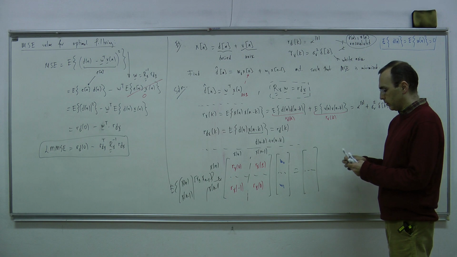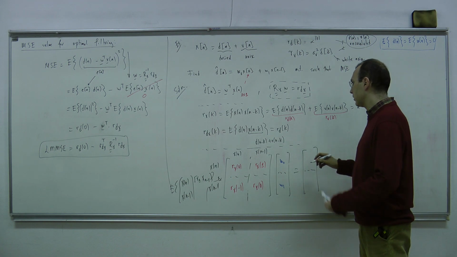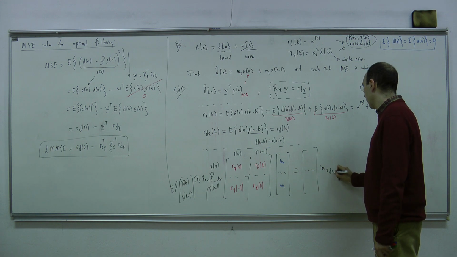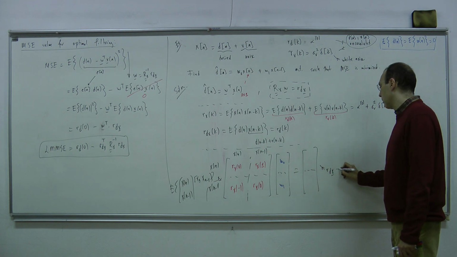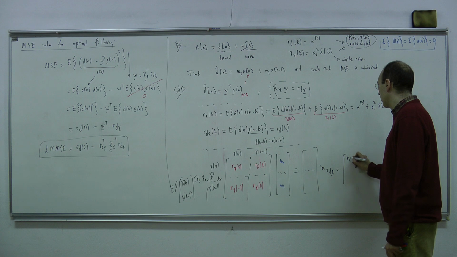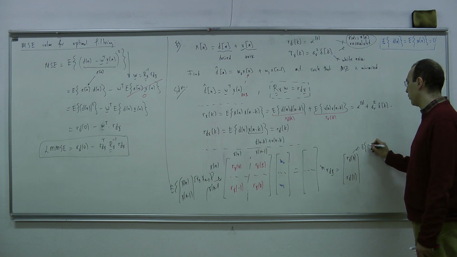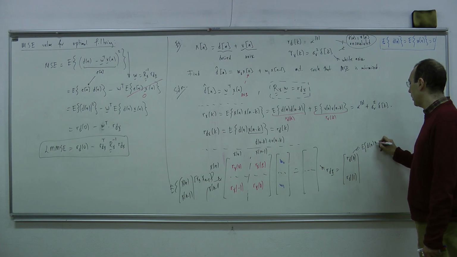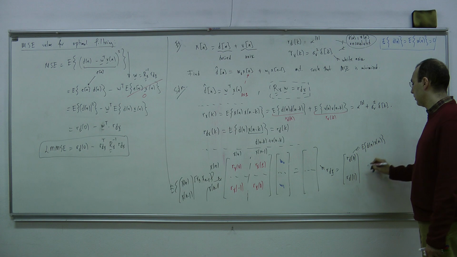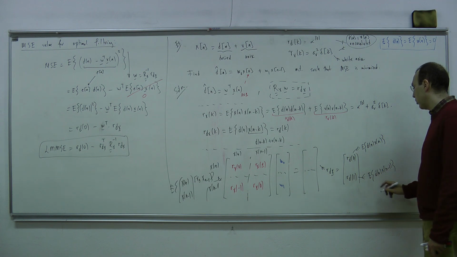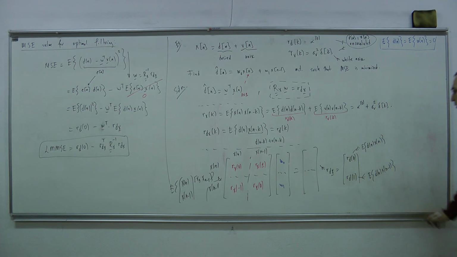So how about this? Now this is the expected value of Rdx. And we have studied this. This is Rd0, Rd1, because this is nothing but the expected value of d of n times x of n. The second element is the expected value of d of n times x of n minus 1. Yes, okay.